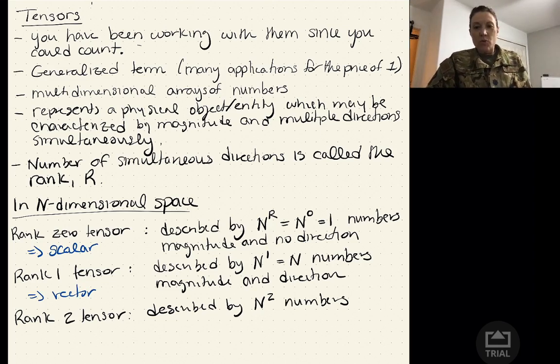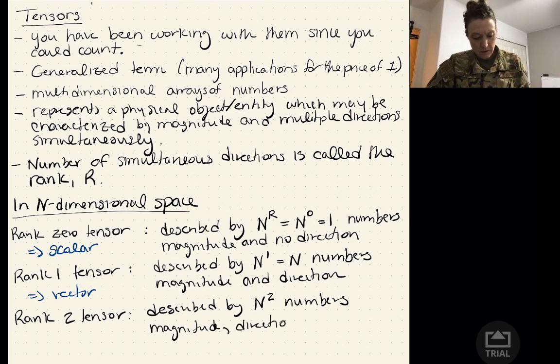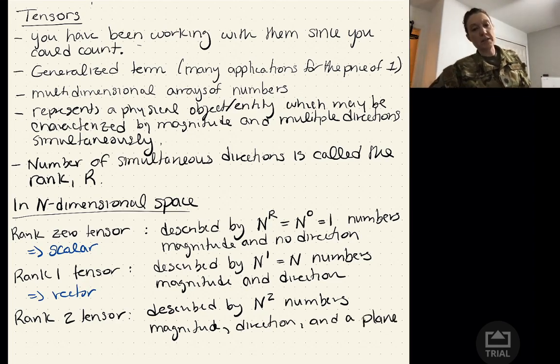And what we're talking about here physically is something with magnitude, direction, and a plane of action. So we have some object that has magnitude and direction, but we also have to define some plane that that vector lives on.